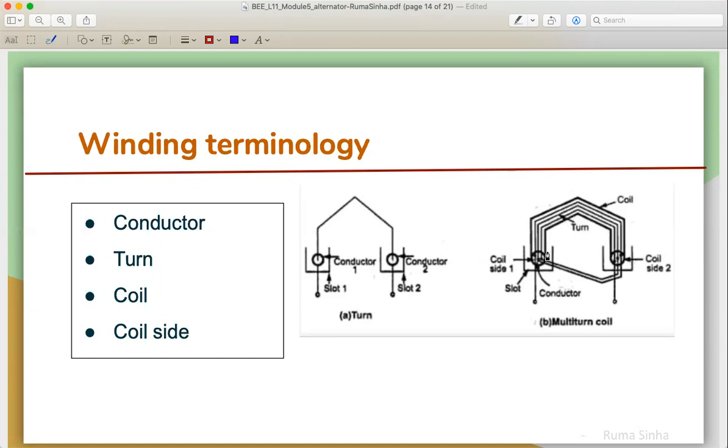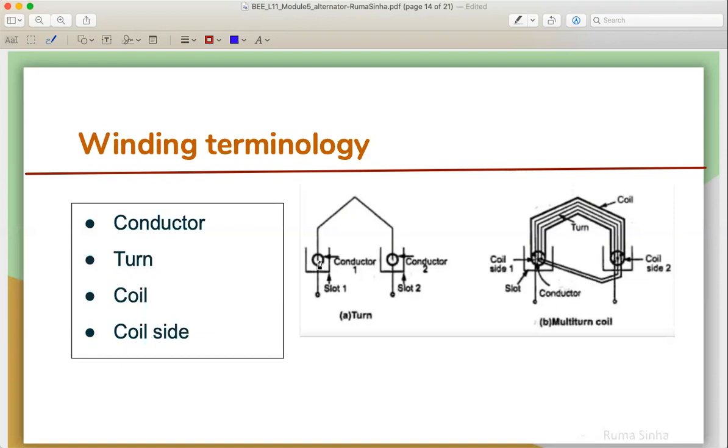When multiple conductors here and multiple conductors here are connected one to the other, this whole thing is called a coil. And in one slot, this bunch is called a coil side. This is a coil side. This is one more coil side. They are connected to form a coil.